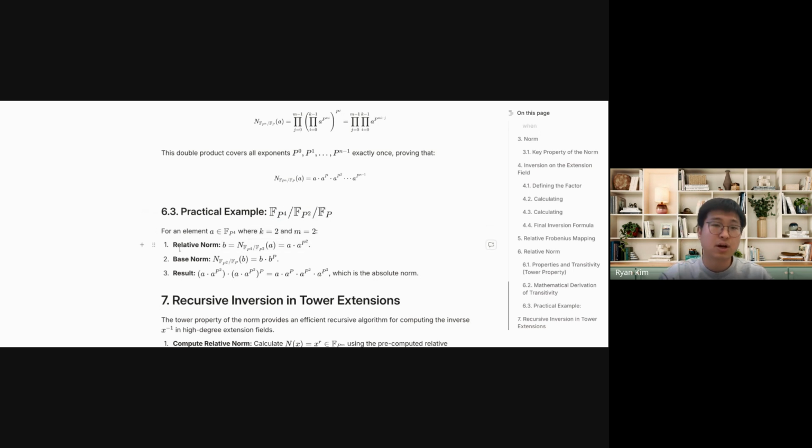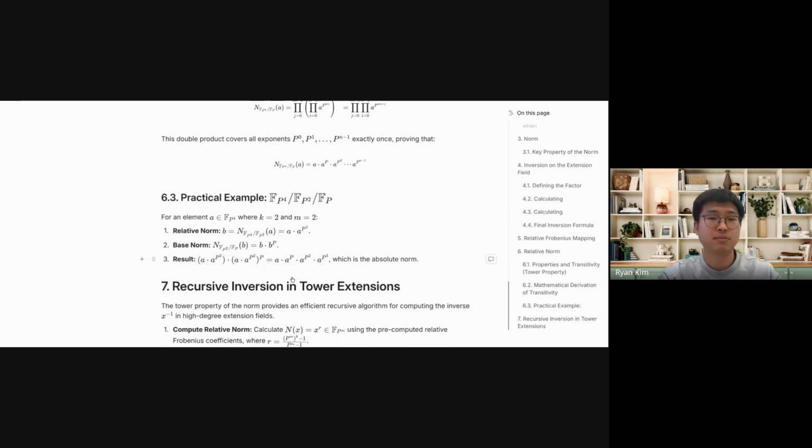So in this case, the relative norm can be computed as follows: A times A to the p squared, and based on this b, computed as b times b to the p will give us the absolute norm.